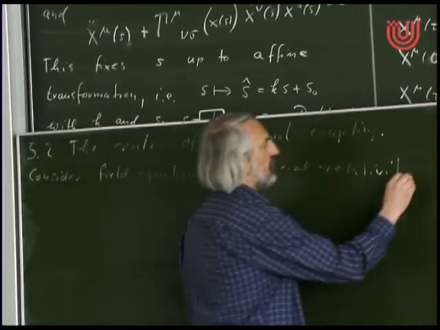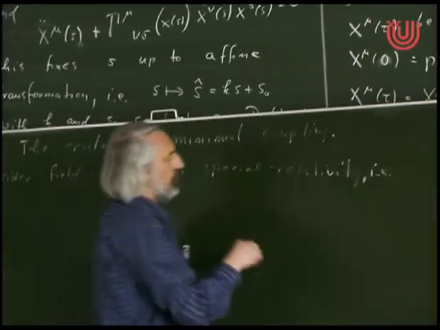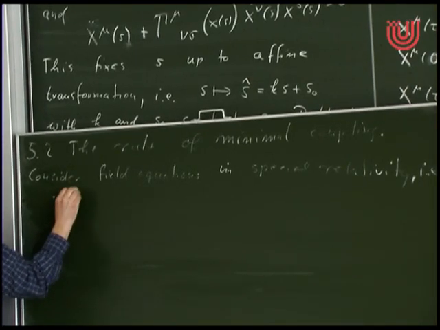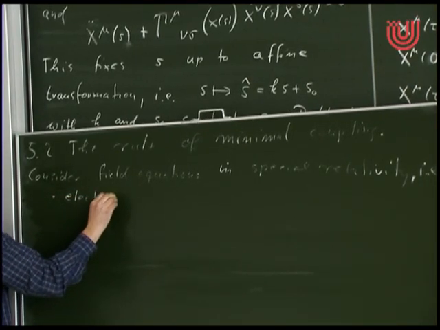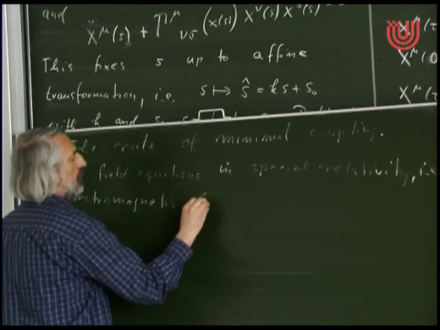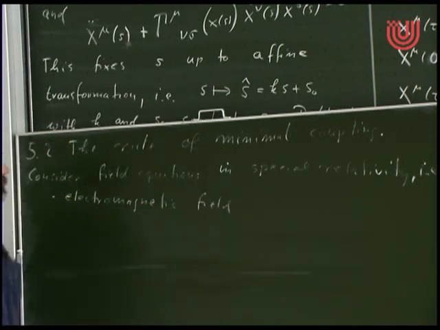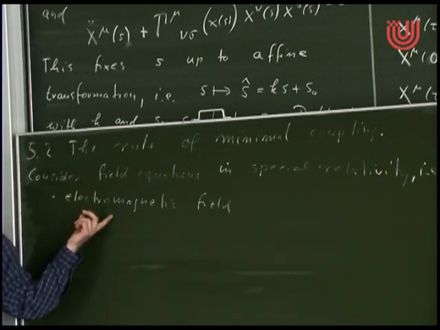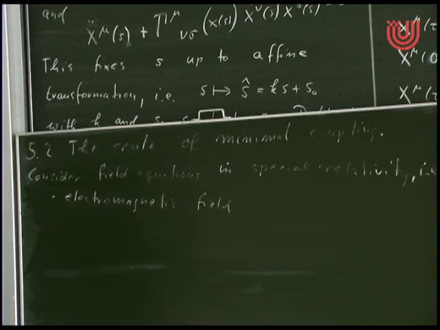So actually we have discussed two types here in the lecture. So we have discussed the electromagnetic field. So the field equations in this case are the Maxwell equations, right? And we discussed how they could be written in a special relativistic context. So we have written them in special relativity in inertial coordinates.